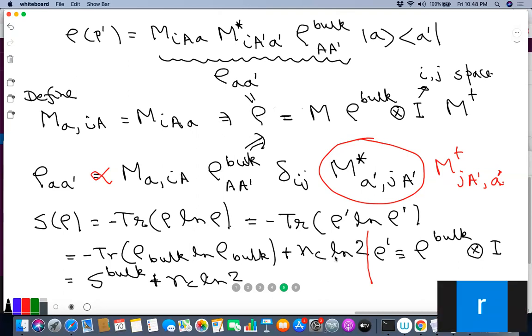The reason I asked is that earlier you didn't have this formula, N_C log 2, this part. This we derived from the rank of rho, that S of rho has to be less than log of the rank. But that was an inequality.